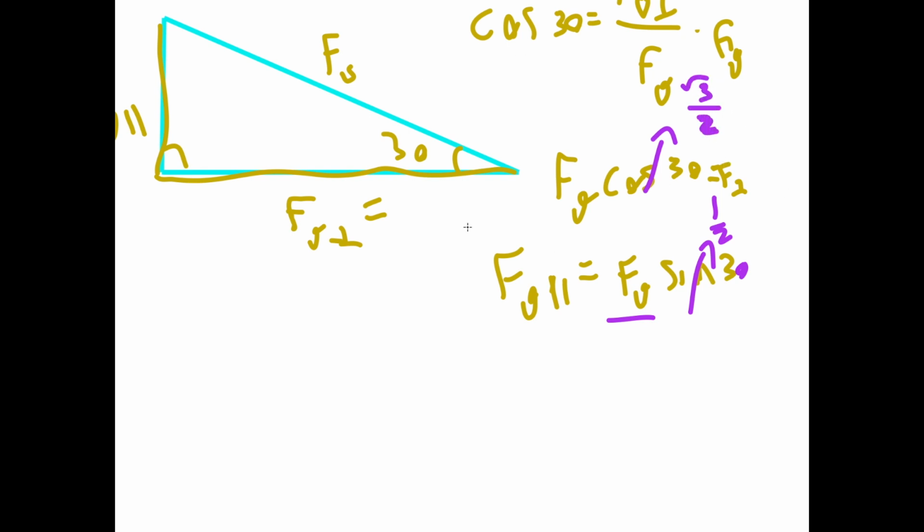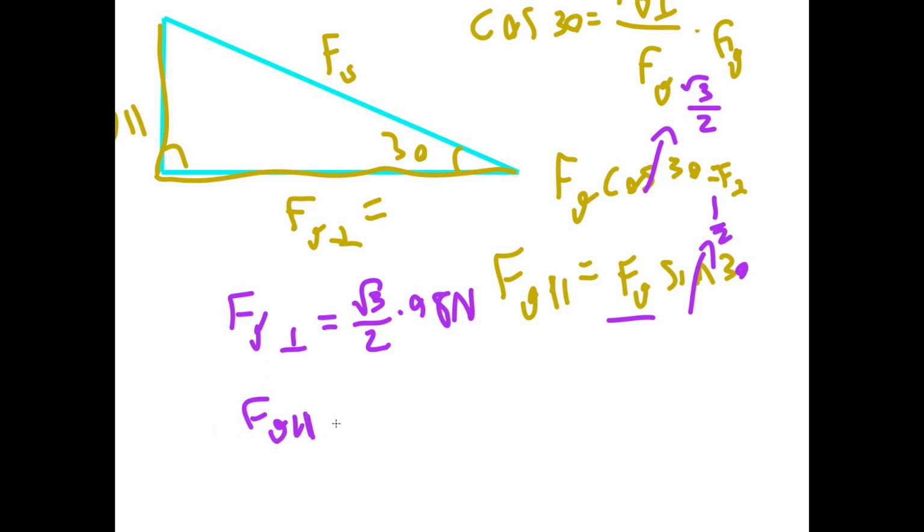So now we have these two values. So now we can say that force of gravity that is perpendicular is equal to root 3 over 2 times force of gravity, so 98 newtons, right? And the force of gravity that is parallel is equal to 1/2 98 newtons.